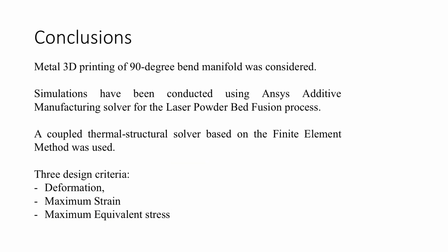So if we outline all the presentation, we saw that it is possible to simulate various parts. It is quite a time-consuming process, and it needs some expertise. However, it is much better than manufacturing a part in 24 hours and then to figure it out that it's not good enough.